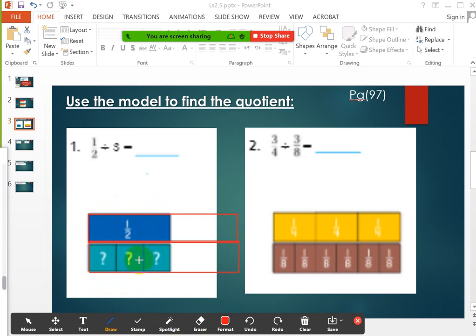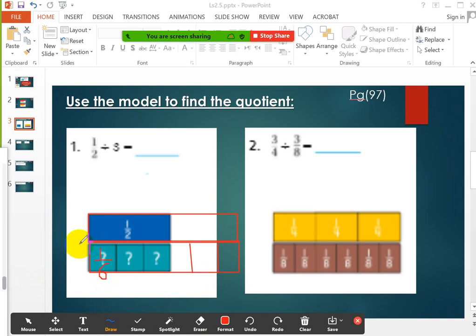Each one will be what? Look, if you divide the 1 over 2, the space, into 3 parts, that means you will divide the whole into 6 parts. That means the unit fraction will be 1 over 6. Excellent, girls. Thank you, Jennifer. Thank you, Arwa, for giving me the right answer.